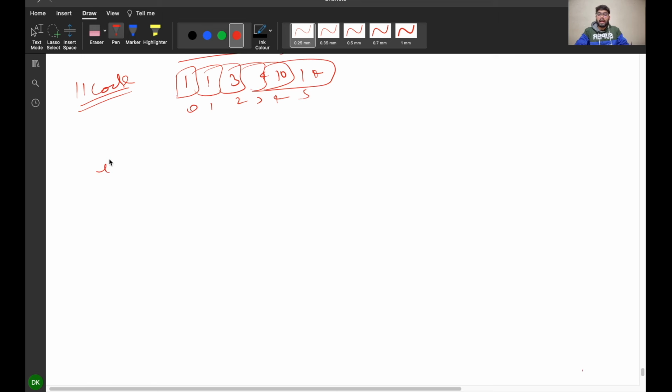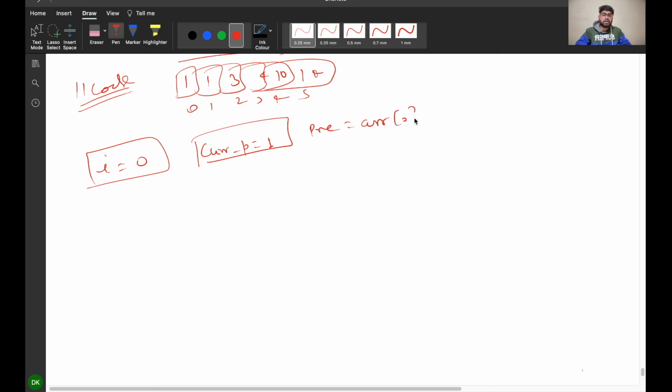So I initialize an iterator I equal to 0, I initialize current person for that particular bus as 1, and lastly I initialize a pre variable starting from ARR, the first person. Why am I initializing a pre variable? Because every time I have to determine the waiting time with respect to the previous person, and this pre is the previous person.